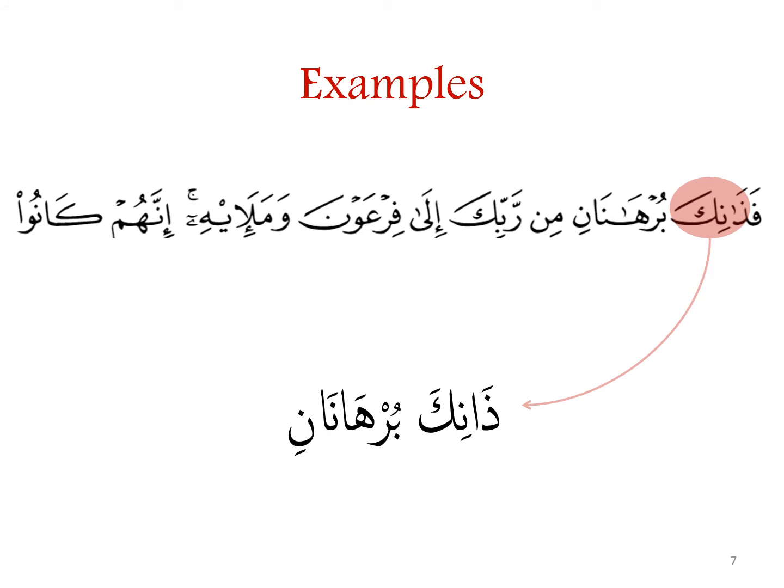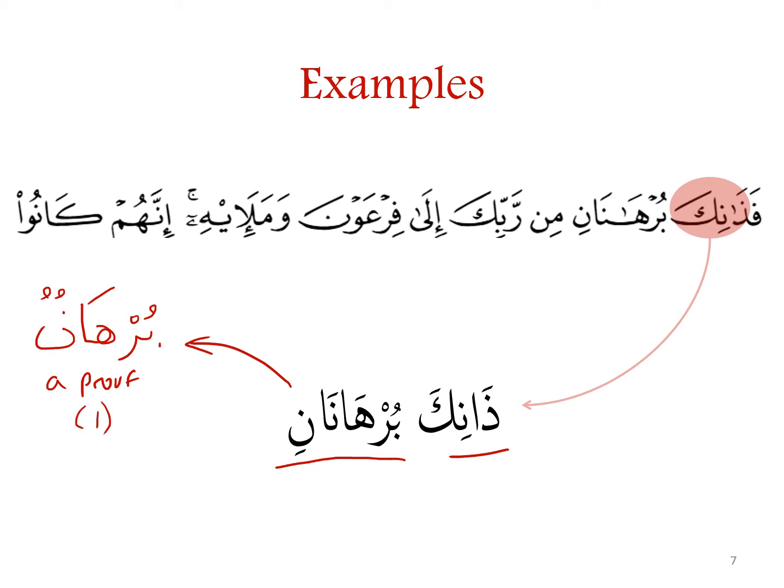Another example here. So we have an ism ishara here, dhanika, and a noun here, burhanani. So this word in the mufrad or singular is burhanun, which means a proof or evidence, and it's in the mufrad form, the singular form.